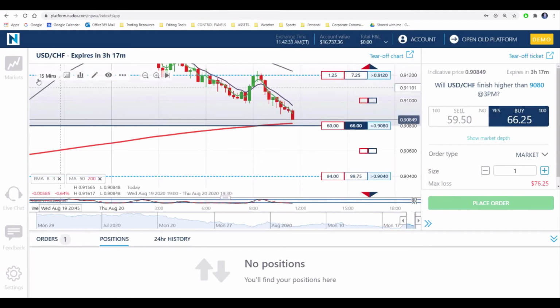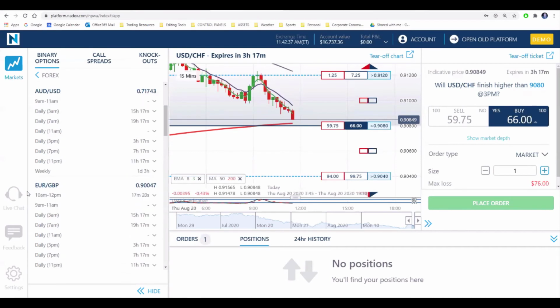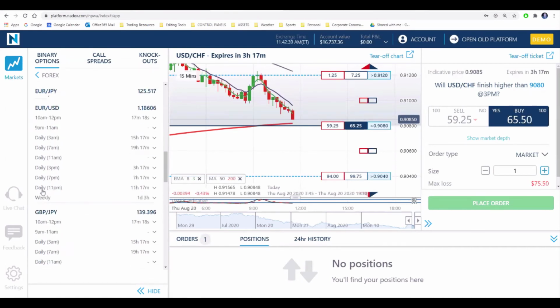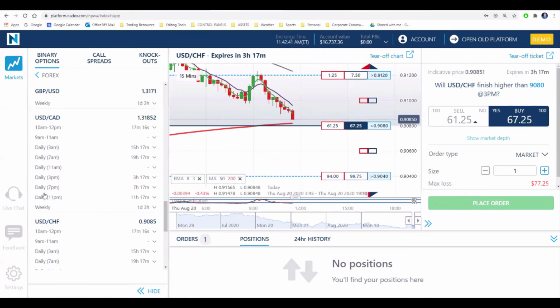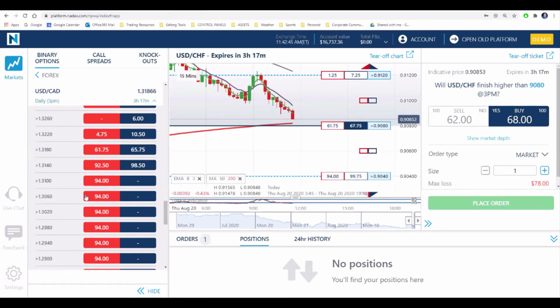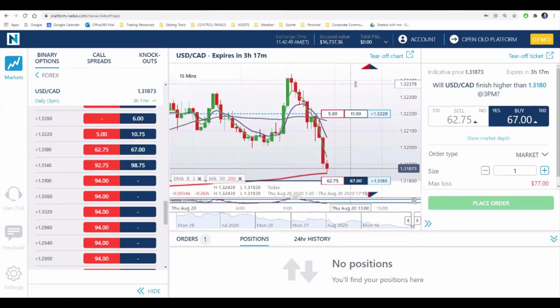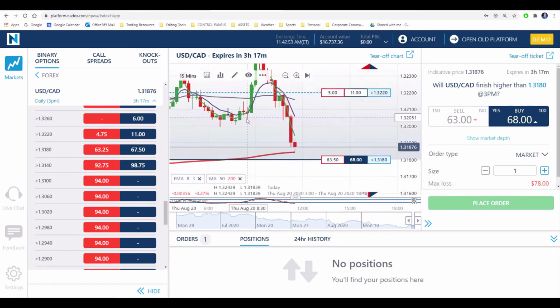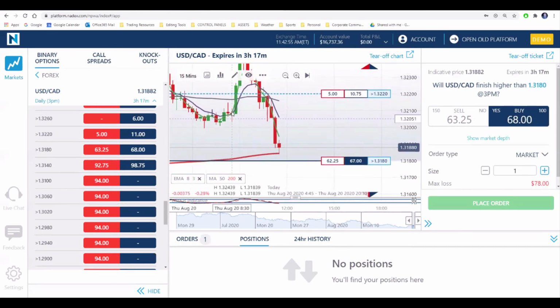Michael saying, take a look at the US Canadian dollar now. That's an instrument you can trade on Nadex. Yeah, I mean, look at that slope. That thing is tanking.